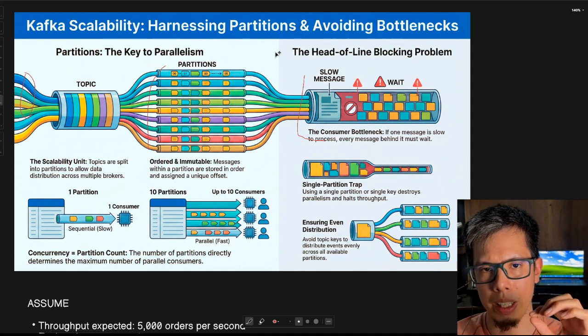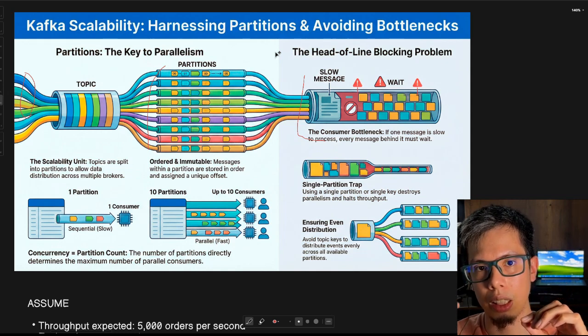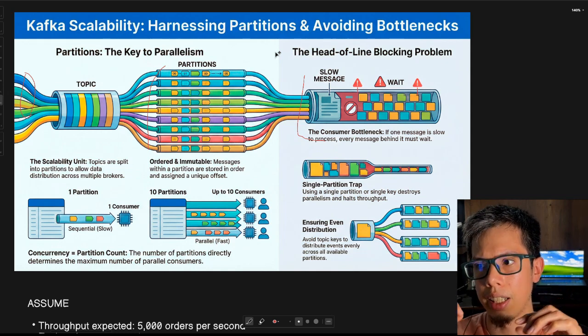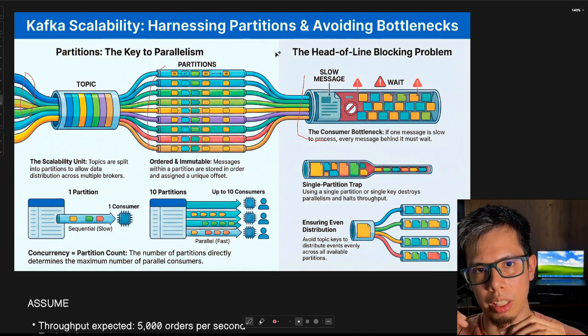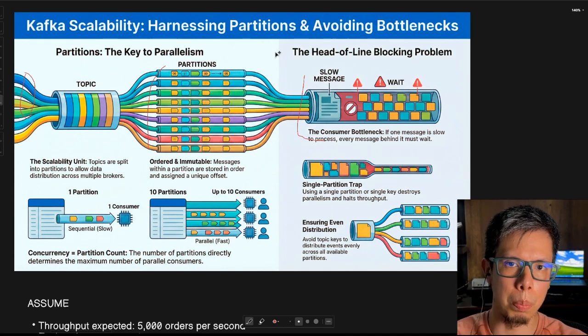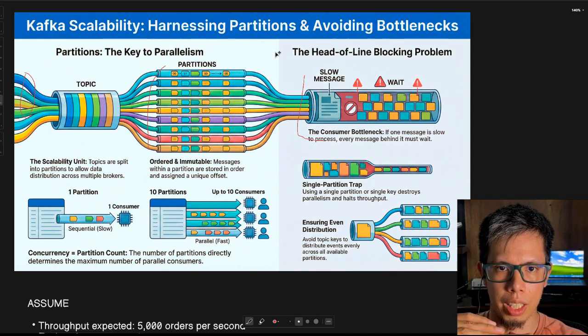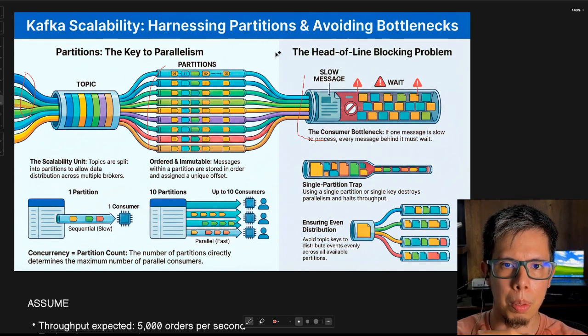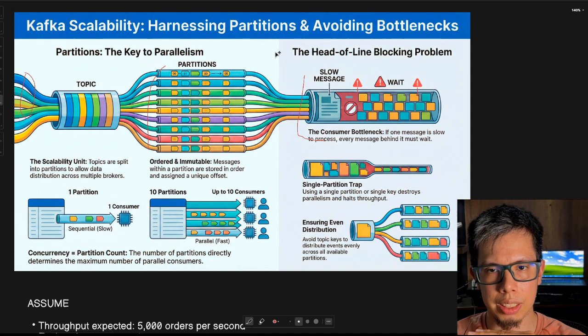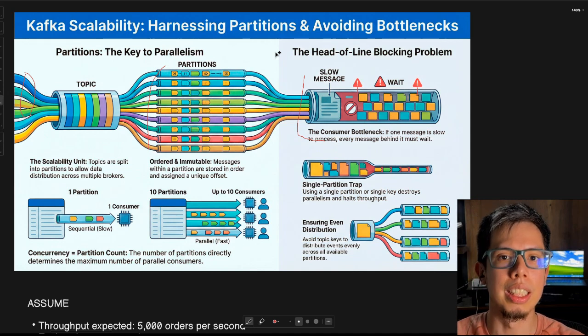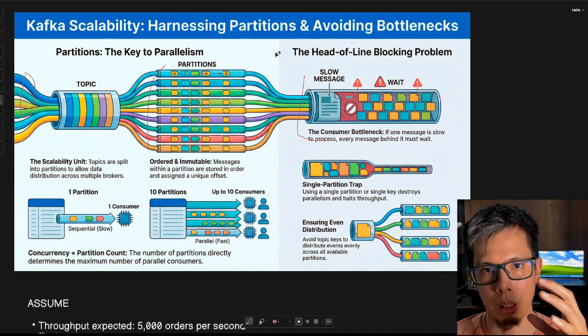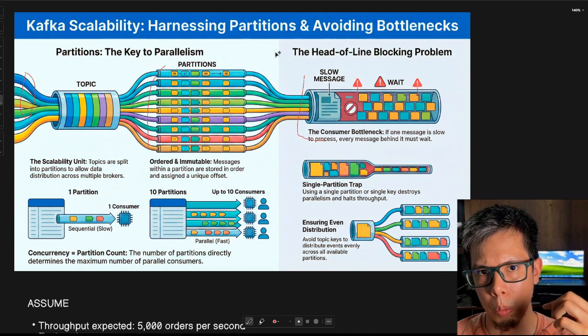So if you have a consumer that is processing a single topic, it will generate head-of-line blocking, because if there are multiple topics queued in this partition, they will have to wait until the consumer finishes processing. So that is a potential problem that you have to take note of when you are working with Kafka.